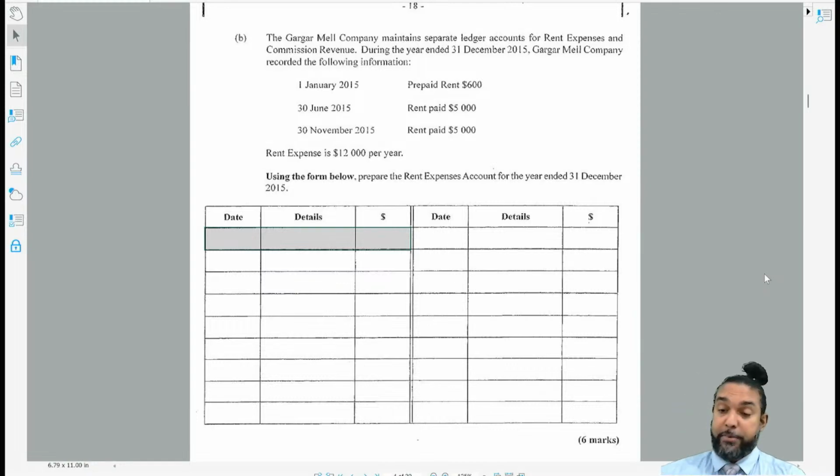Yeah, you could put prepaid balance brought down. You could just put balance brought down. You could put prepaid balance at start.